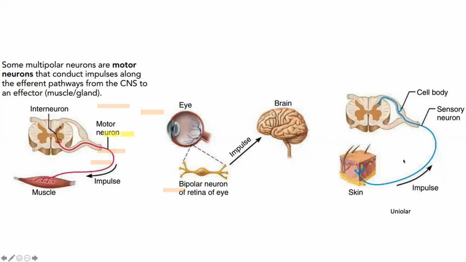And therefore, this is a type of unipolar neuron, because it has the axon coming from the skin, and it has the cell body here, and there is another central axon going from the cell body to the dorsal root. And this is called dorsal root ganglia. You will see this when we talk about the peripheral nervous system.